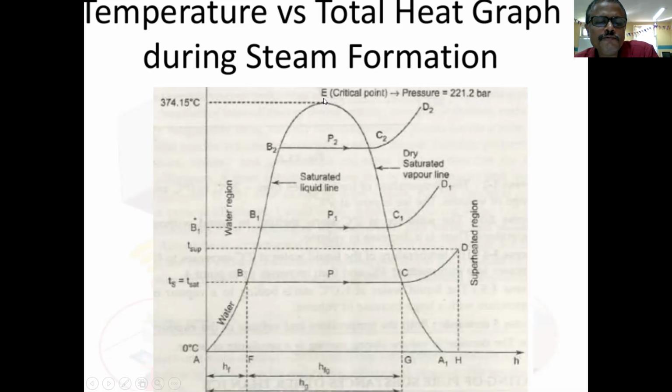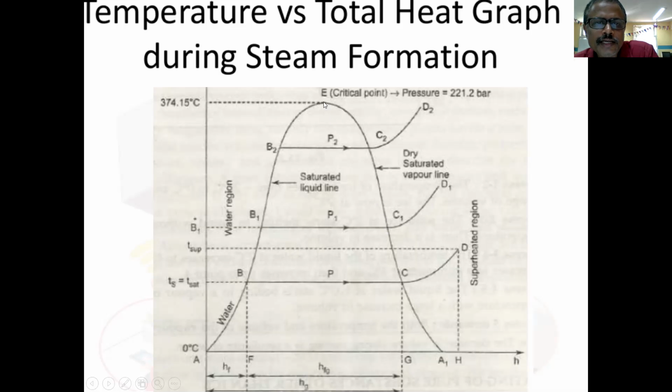So from this graph, we can study that as you increase the pressure, the sensible heat increases and the latent heat of vaporization decreases.